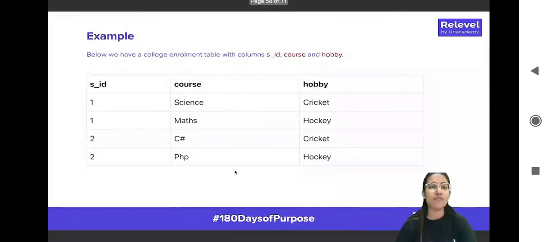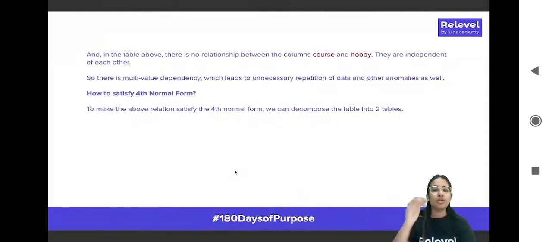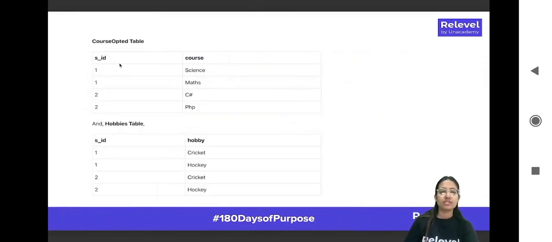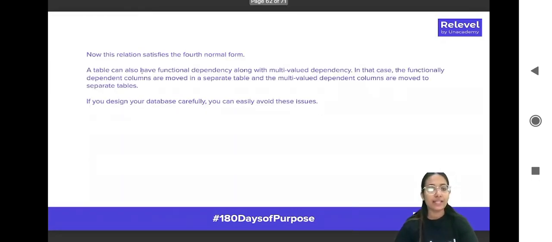Okay, that is how we basically solved the problem. To satisfy the fourth normal form, we decompose the tables into 2 tables. Okay, student ID and course, and student ID and hobby. Okay, and that is why it says over here that this satisfies the fourth normal form.